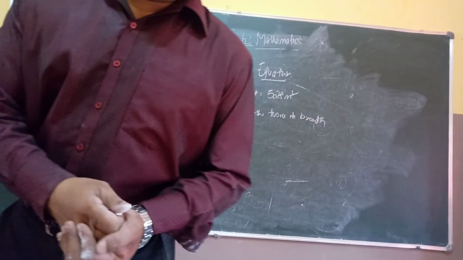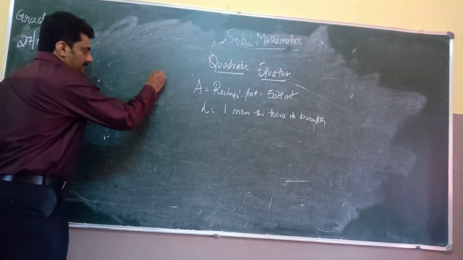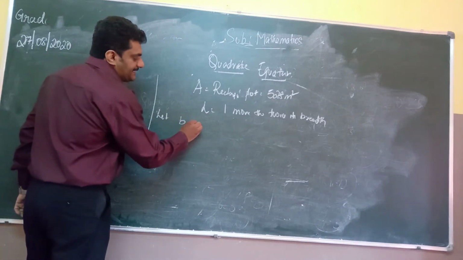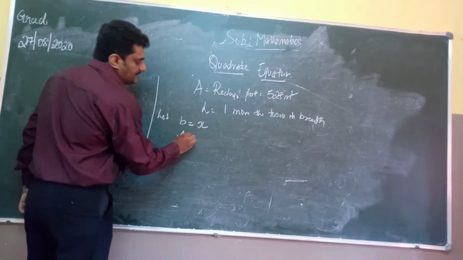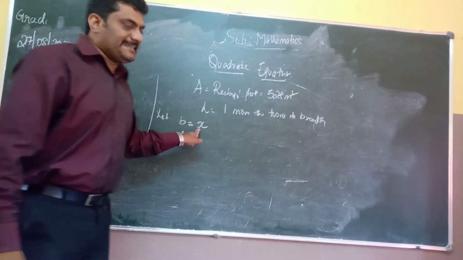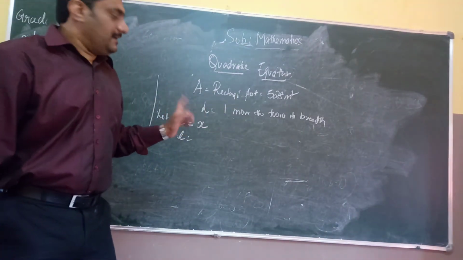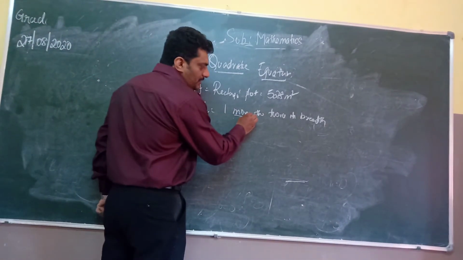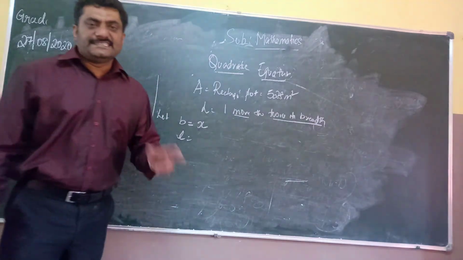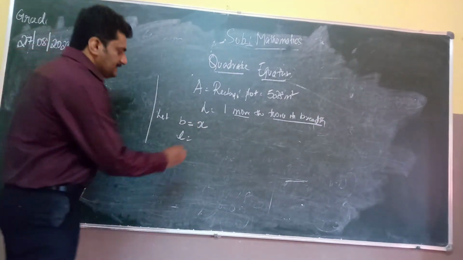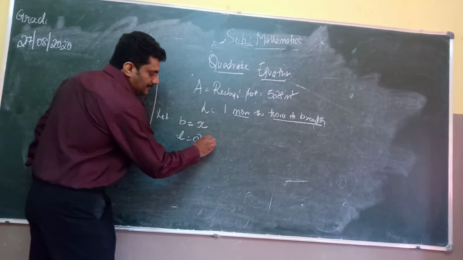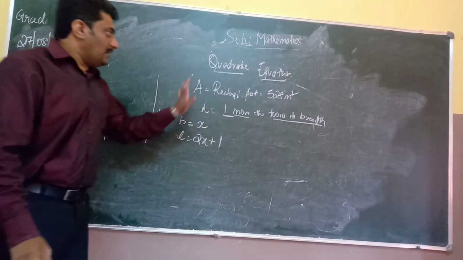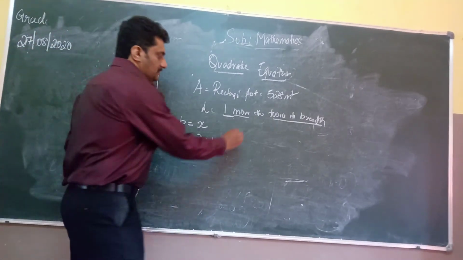How do we write that in terms of x? Let's say breadth is x, because they have not given anything for breadth. What is length? Length is 1 more than twice its breadth. Twice means 2 times, so 2 times x plus 1 more. 2x plus 1, this is length.